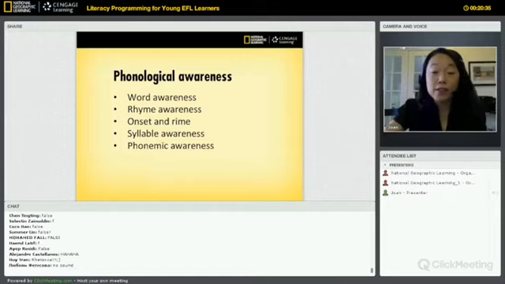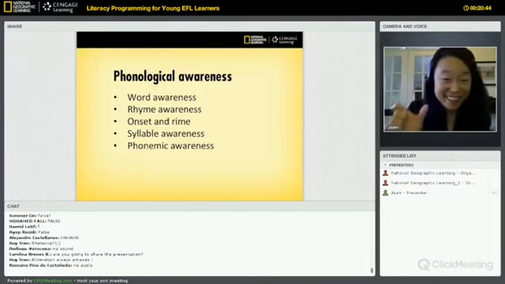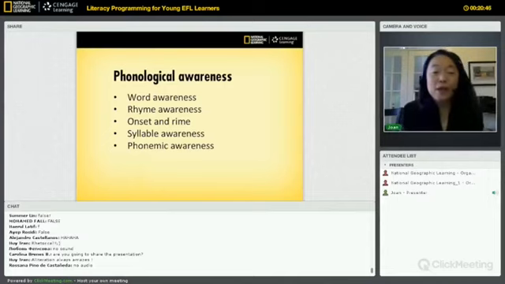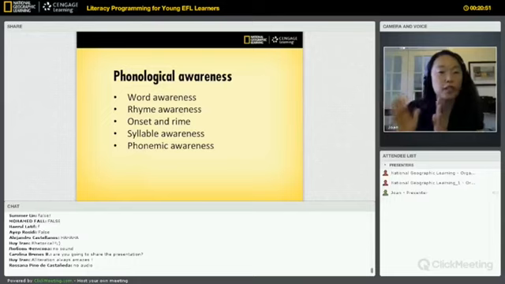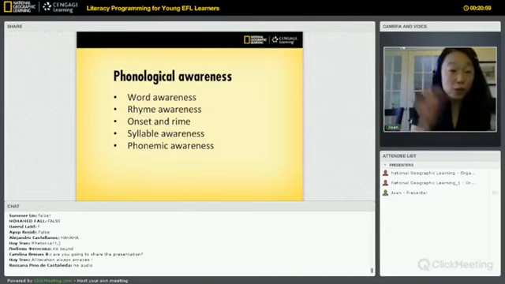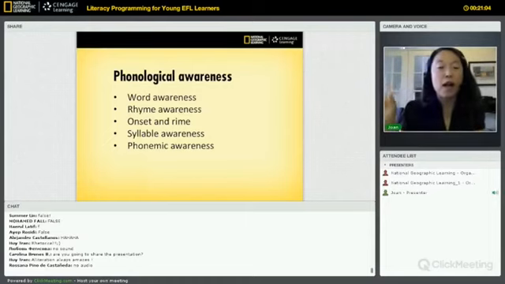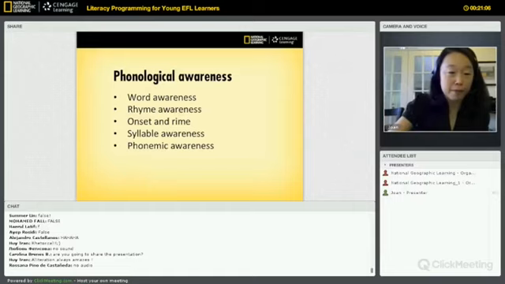As a child develops phonological awareness, she will come to understand that words are made up of small sound units, phonemes, but also learns that words can be segmented into larger sound chunks, known as syllables. Each syllable begins with a sound, which we call the onset, and ends with another sound, which is the rime, R-I-M-E.